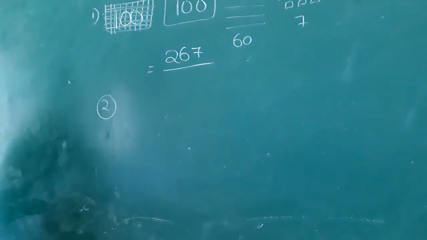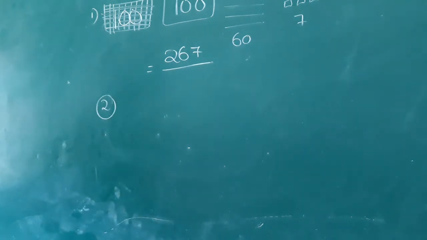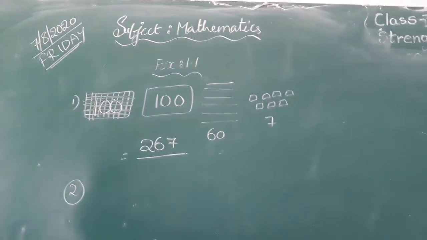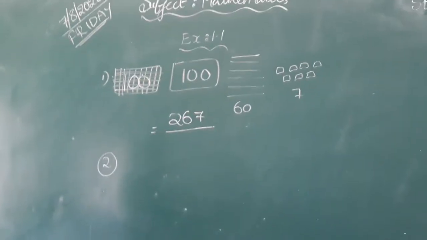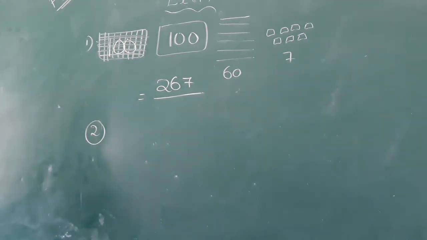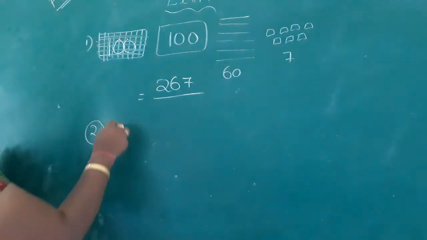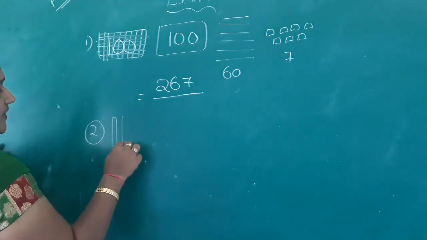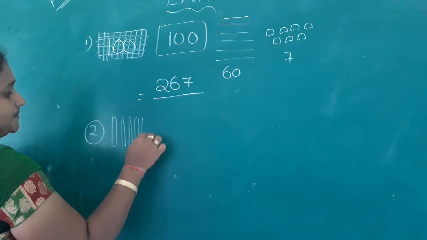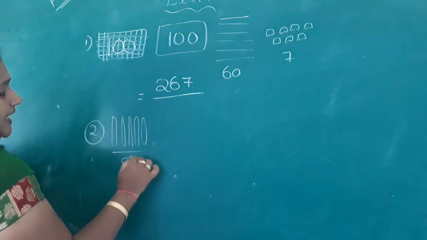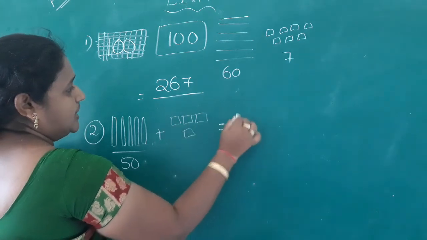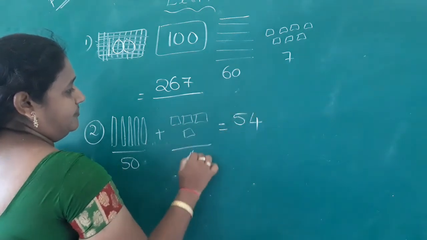Next one. Secondly, 5 spokes were given, each spoke having 10, 5 tens, 50, and 4 individual boxes were given, 4 ones, 4. 50 plus 4, 54.